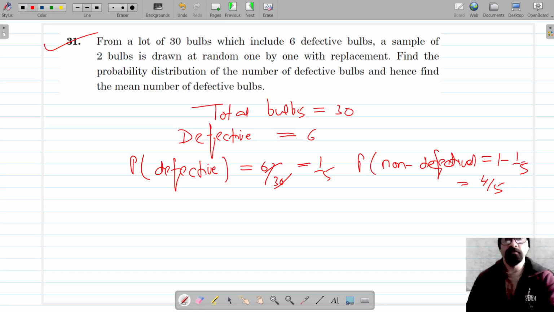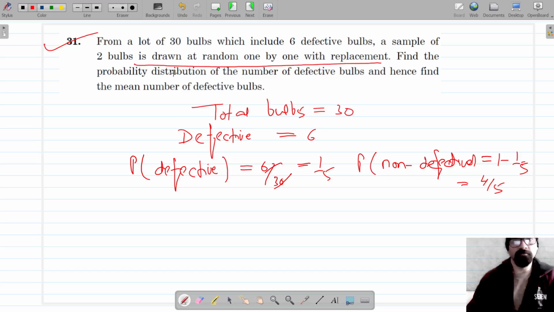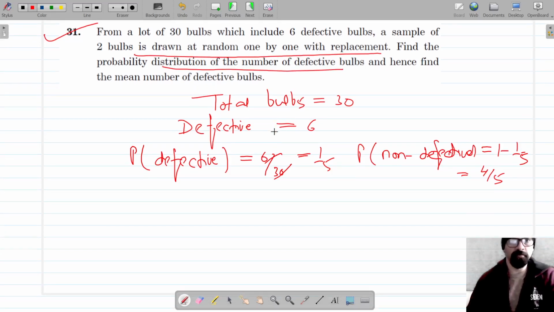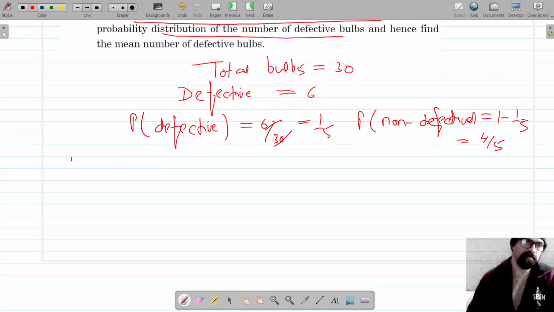Now, it's given that two bulbs are drawn at random one by one with replacement. We have to find the probability distribution of the number of defective bulbs and hence find the mean. So let's say X is the random variable for the number of defective bulbs.